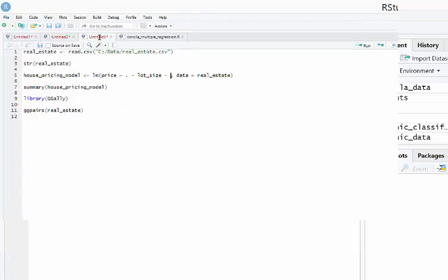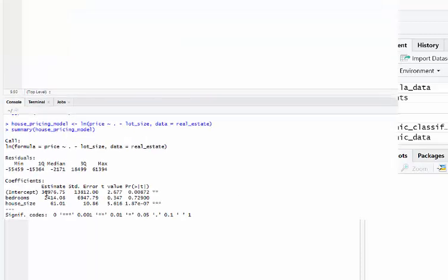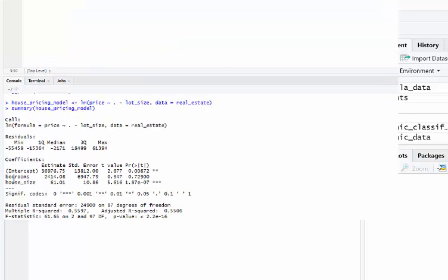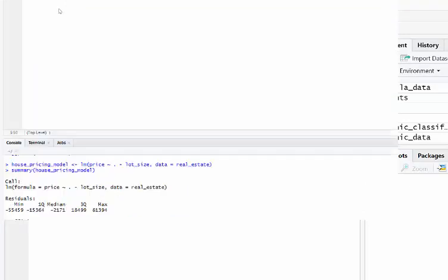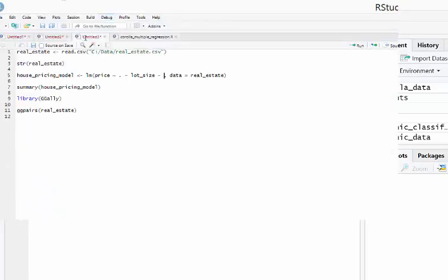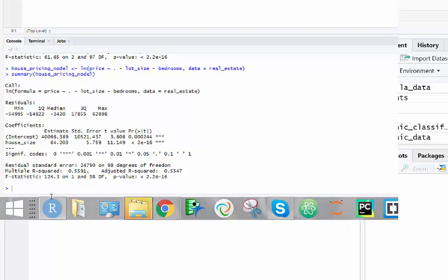That's what I'm doing. I just eliminated lot size, and I have bedrooms and house size only in the model. The next one is bedroom, so I'm doing this stepwise backwards elimination. Bedrooms, and let's run the summary, and there it is, okay?